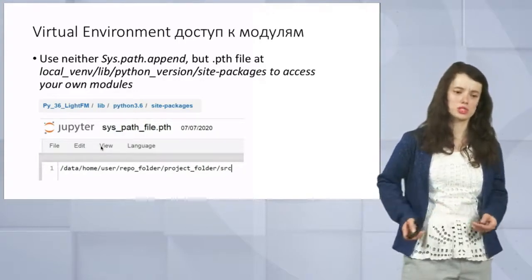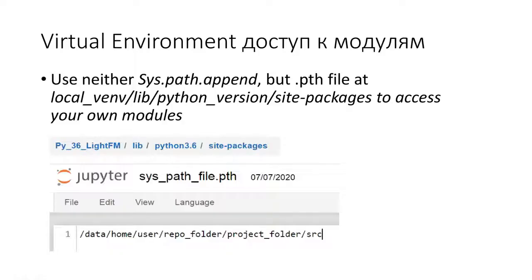The common way to deal with it is using sys.path.append, but it may cause a lot of problems. For example, we faced a problem when we were saving our model into Pickle. Using sys.path.append caused problems when unpickling that model. So when we tried to reload that model, it caused a lot of errors, and they seemed impossible to us.